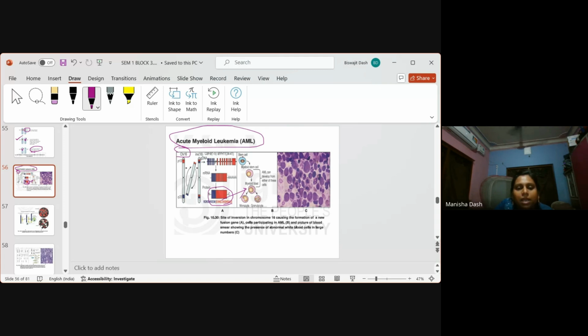So if in any kind of myeloid stem cell this kind of inversion is happening, that myeloid progenitor cell will have a tendency to divide uncontrollably. That will lead to leukemia, or white blood cancer, an abnormal white blood cell division.